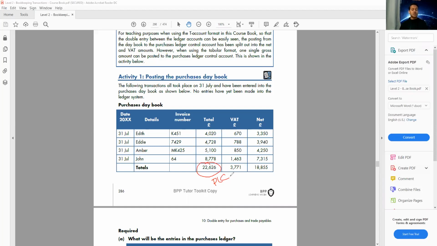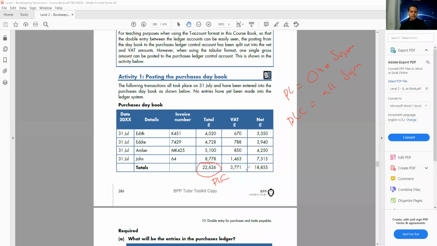So purchase ledger control means all the credit suppliers are there. When I say the purchase ledger, I'm talking about one supplier. When I say purchase ledger control, all suppliers. Yes, purchase ledger is one supplier, purchase ledger control is all the suppliers.